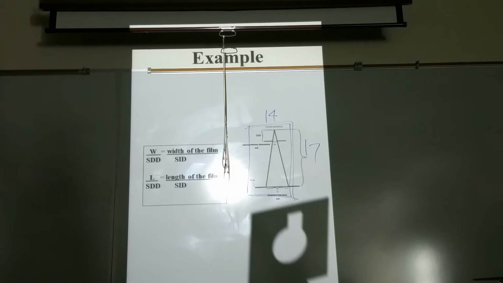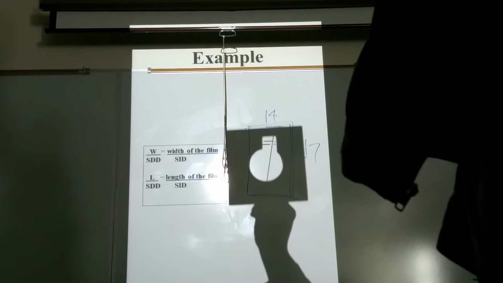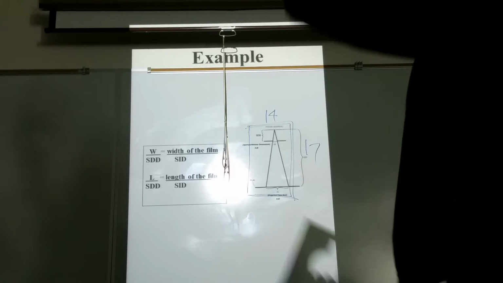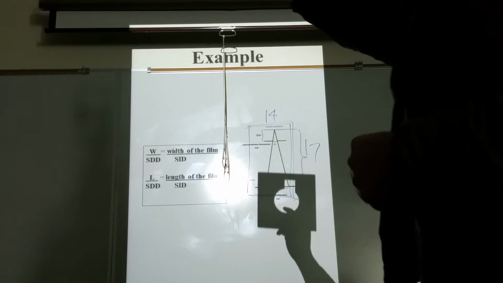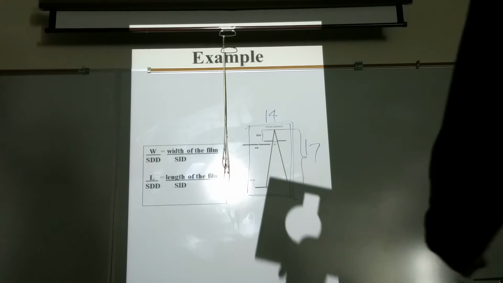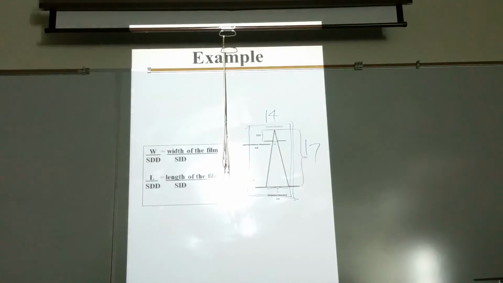You know what I'm talking about, right? That 14 by 17 size image receptor. So first I need to determine the size of this window to give me my beam size of 14 by 17.